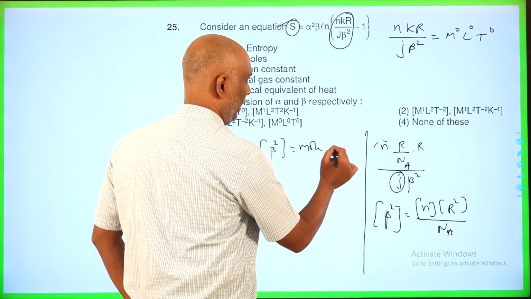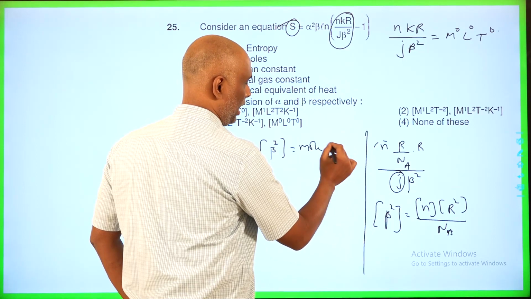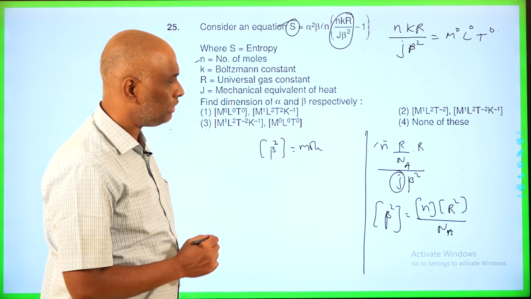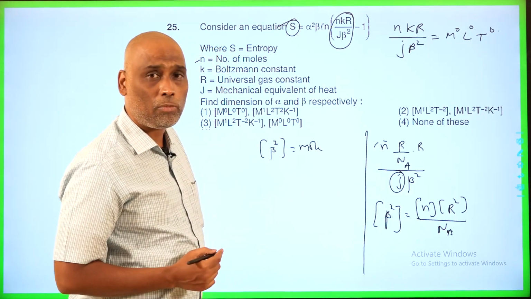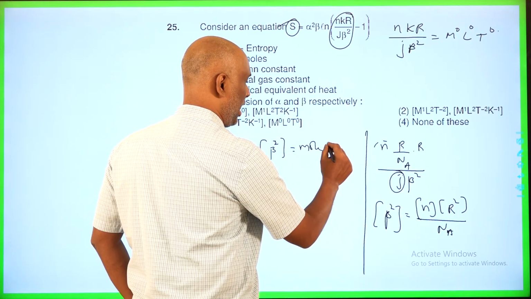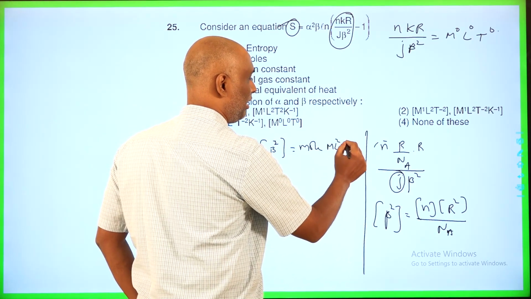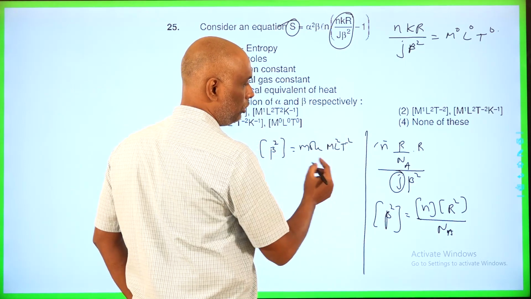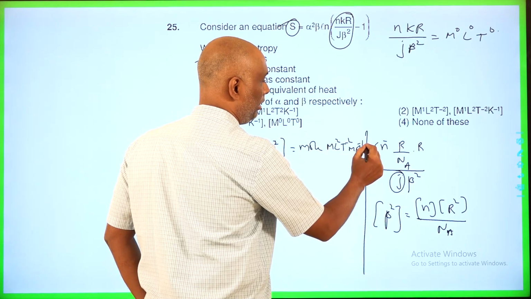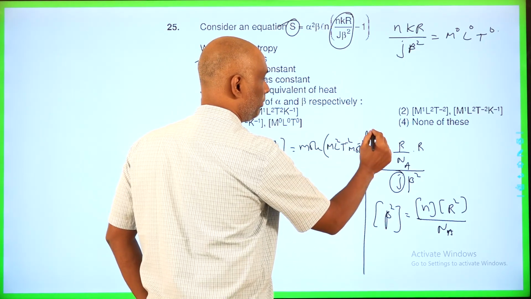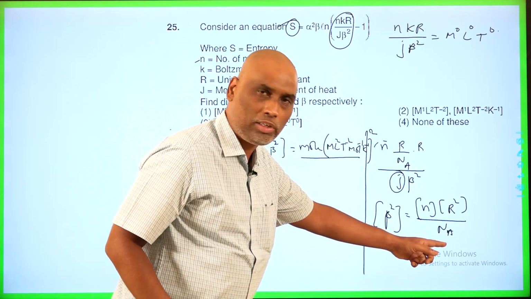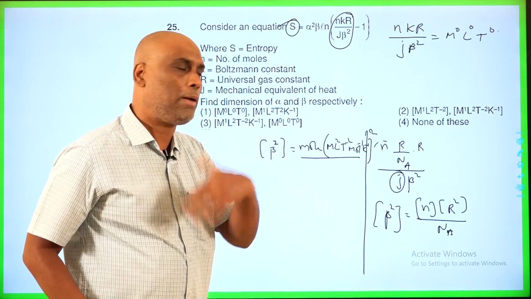next R square, the dimensional formula for R square, I will substitute here. When it comes to the dimensional formula of R, the unit is joule per mole per Kelvin. So the dimensional formula of R is ML square T power minus 2, energy joule per mole per Kelvin, whole square, whole divided by Avogadro number, which is a number per mole.